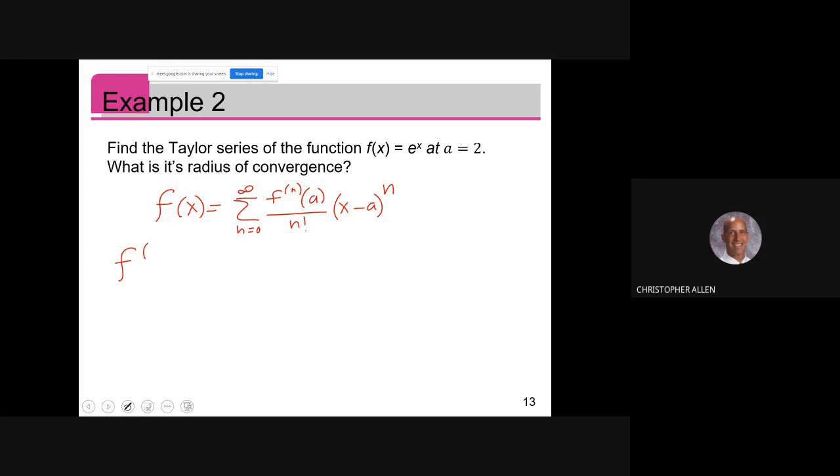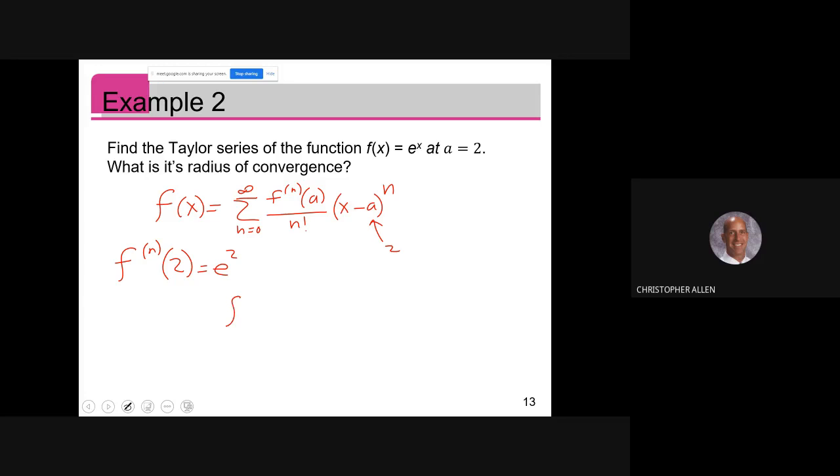What is the nth derivative of this function at 2? It's e to the second, e squared. Everywhere, the constant is e squared. Does that make sense? So that's beautiful.